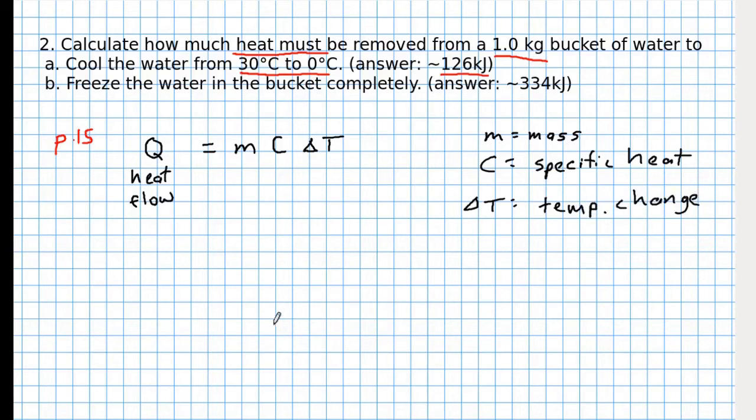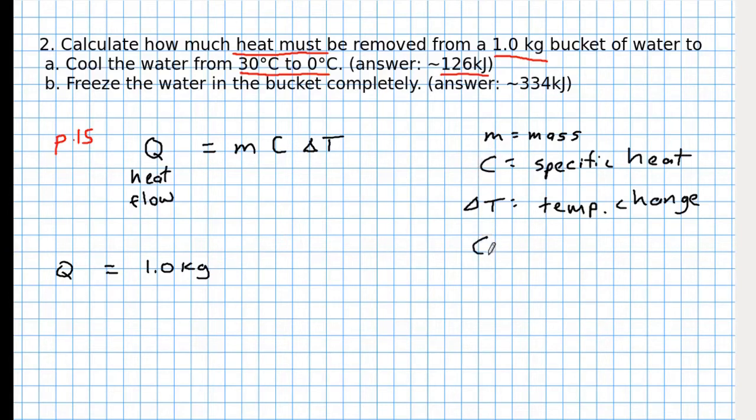All right, so I want to find out how much heat flows. I know the mass of the amount of water I'm changing the temperature of. It's 1 kilogram. So the Q that I'm looking for is 1.0 kilograms times the specific heat of water, which I would need to look up.